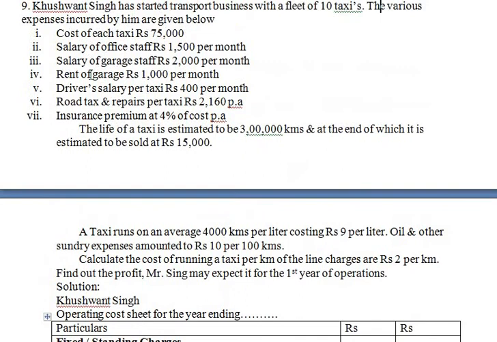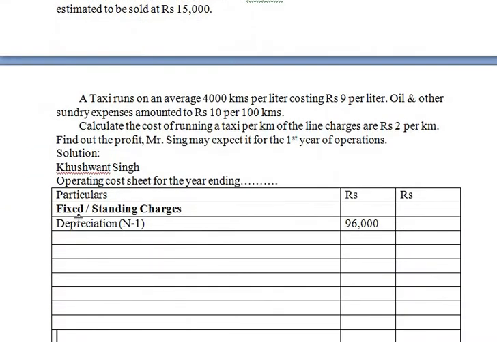Now next is salary of office staff, 1,500 per month. In brackets you can show the calculation: 1,500 per month multiplied by 12 months because we are calculating it for 1 year. So that will be 18,000.